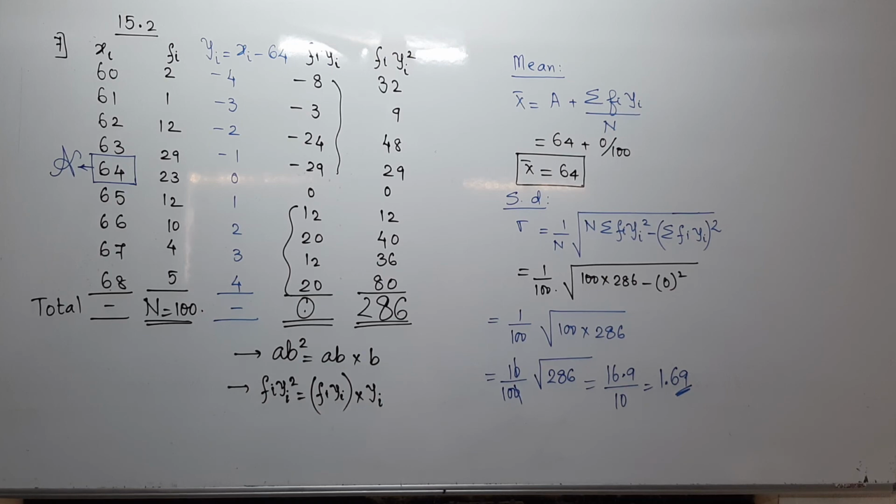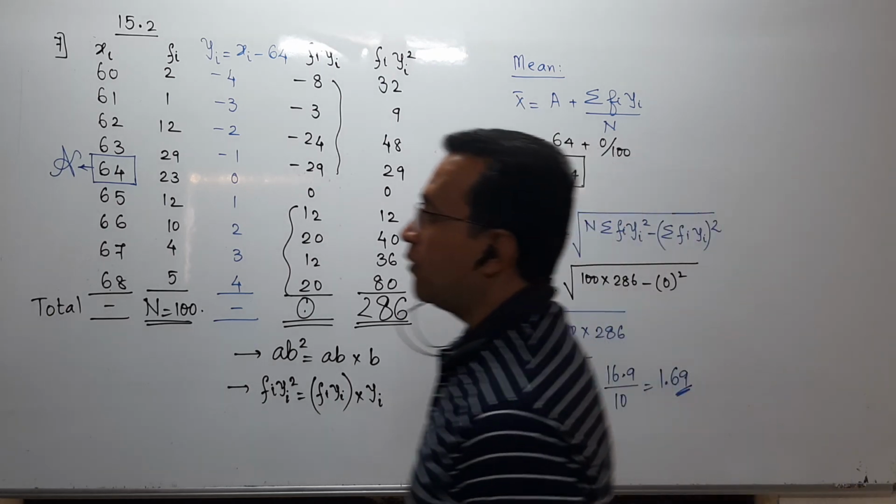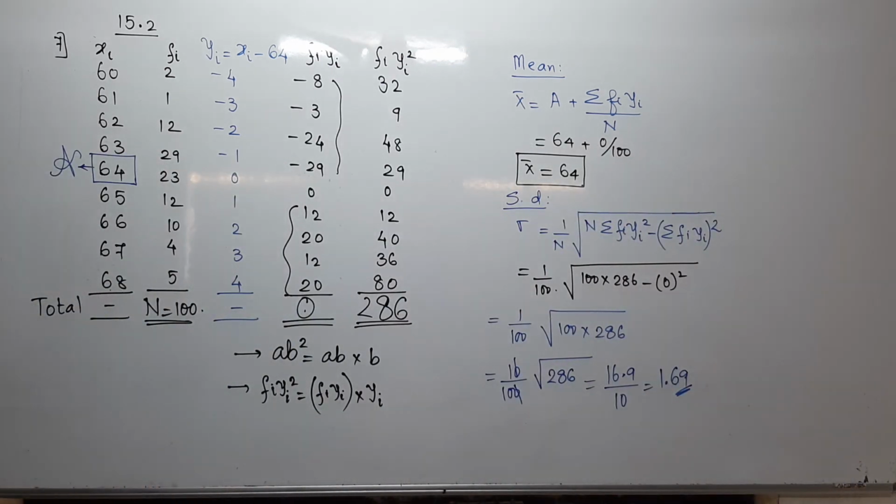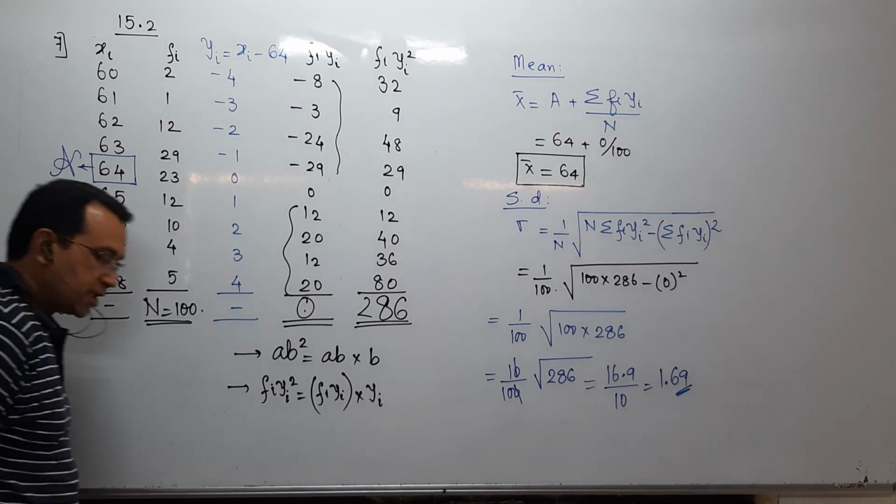So check, this was a discrete series. This was a discrete frequency distribution. A distribution without classes is a discrete frequency distribution. If there is no mention of method, I suggest we should always go by the shortcut method.